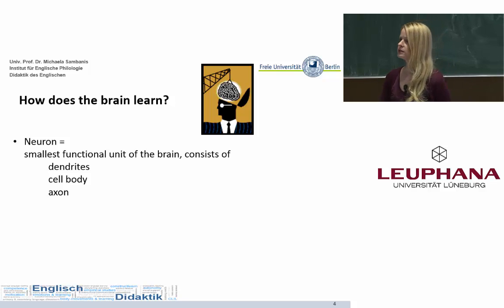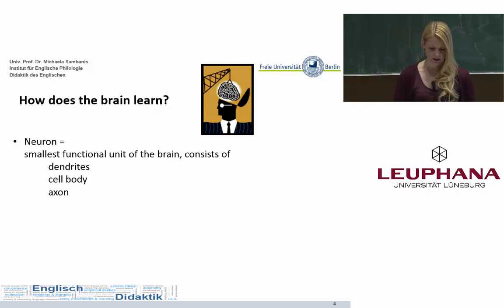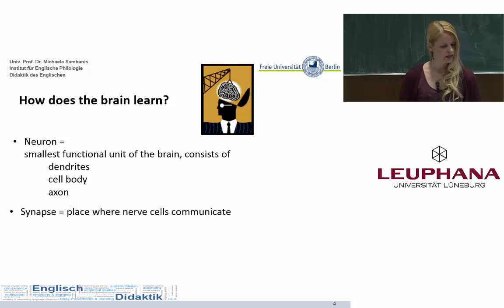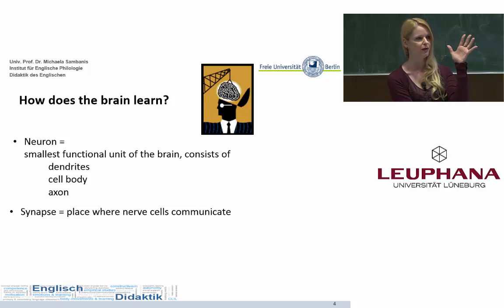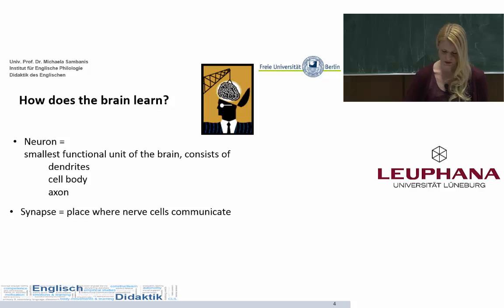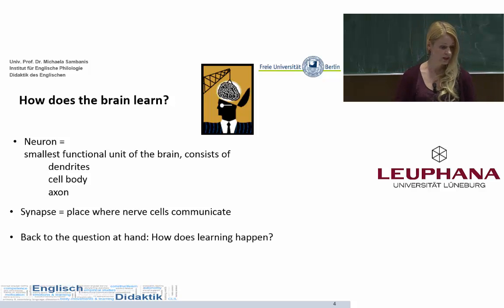Anyway, neurons communicate via electrical and chemical impulses, and the synapse is the place where several nerve cells communicate. The synapse would be here in my model, and here are the other nerve cells. Back to the question at hand.